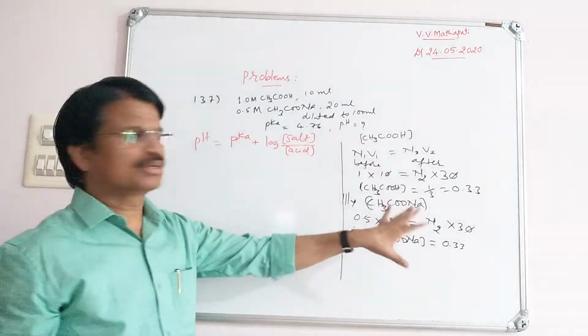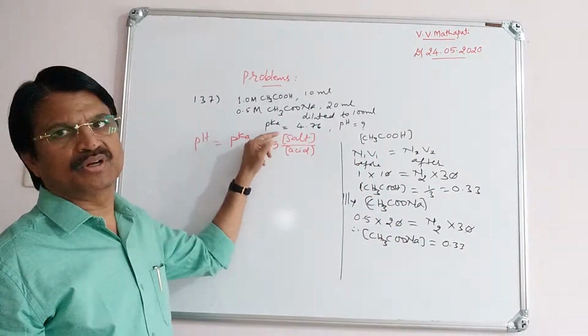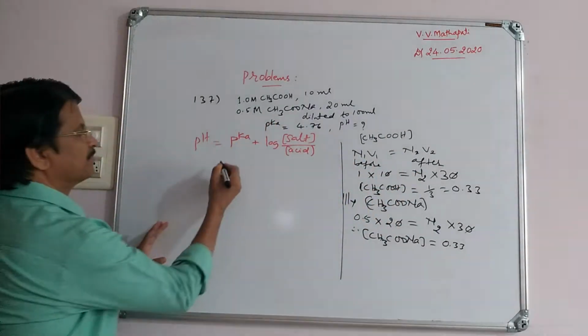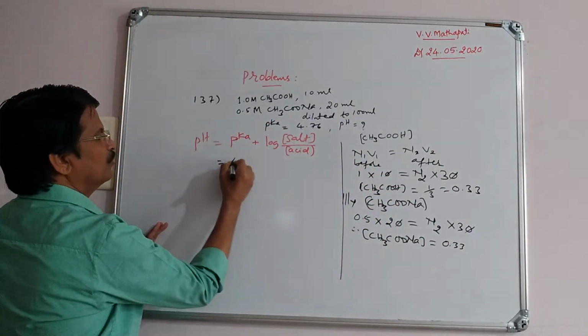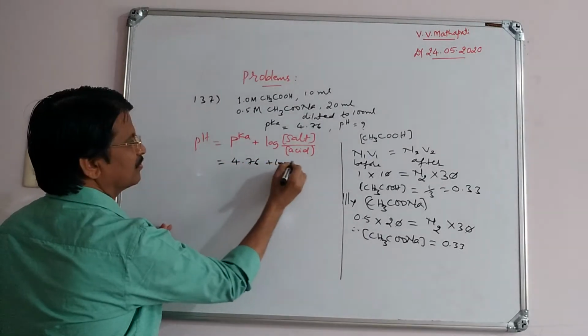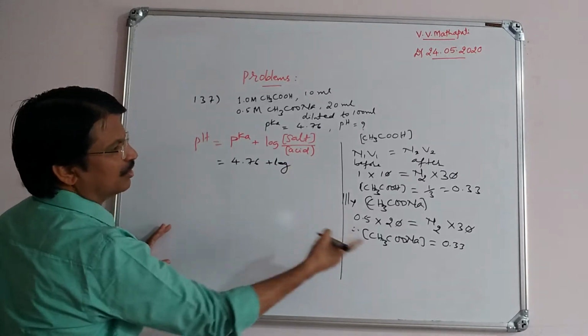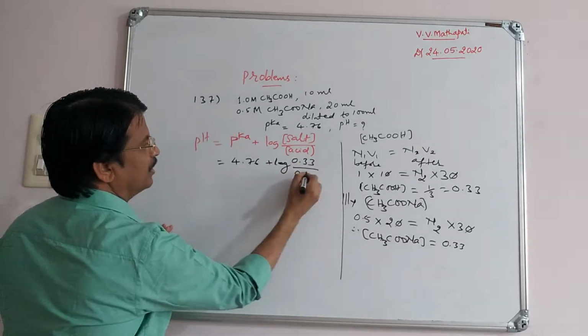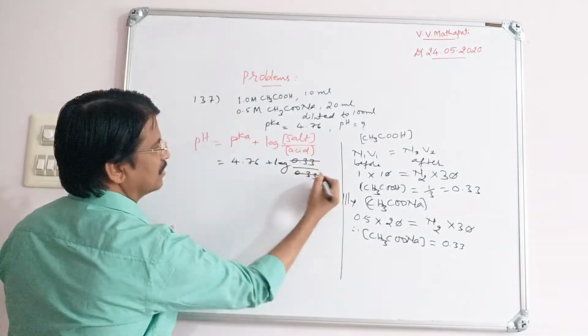Here I told how to calculate the concentration of salt and the concentration of acid. Now substitute these values here and we get the answer. The pKa value is 4.76, log of salt value 0.33 and acid value 0.33, and these two cancel.